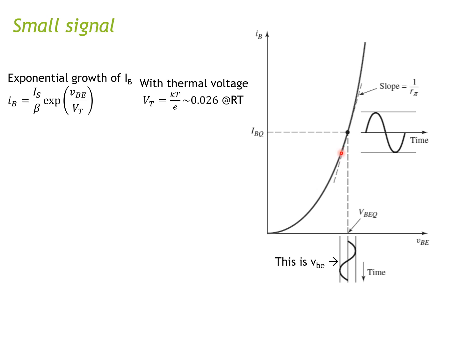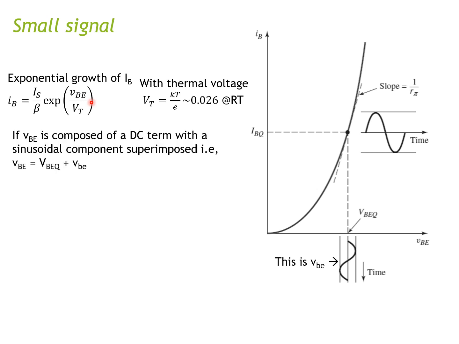Then you can use linear estimation to smoothen it out and assume this section to be linear. Then you can have a relationship between IB and VBE which is linear. So the goal of this slide will be trying to figure out how to express IB in a linear relationship to VBE. Okay, so let's go.